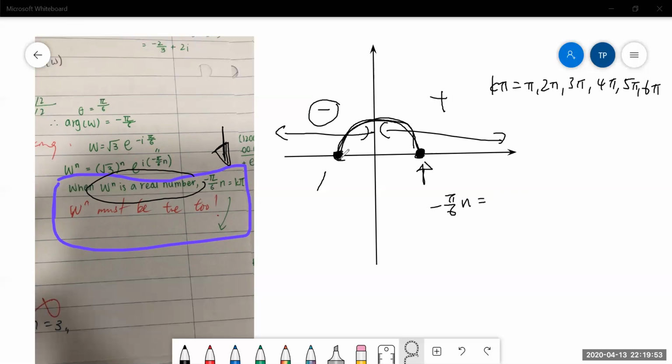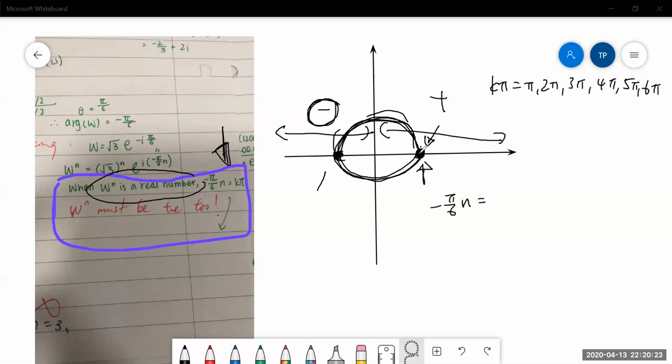Here will be a negative real number. But when we add another pi, come back to here, one circle, 2 pi, it becomes a positive real number.